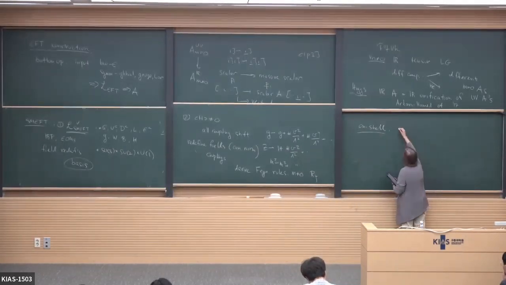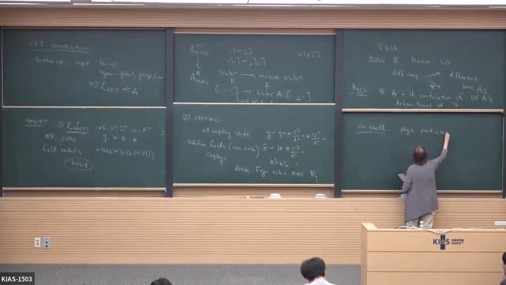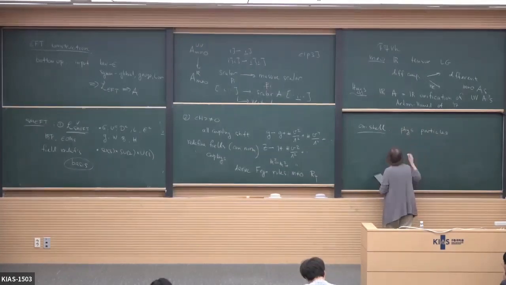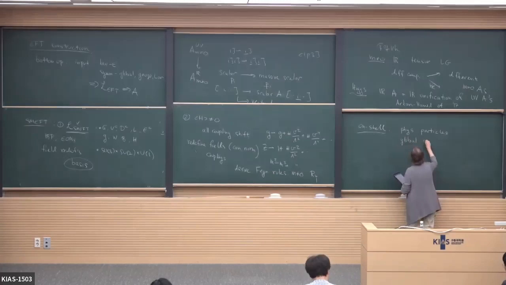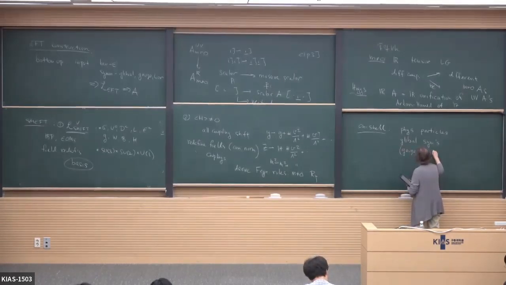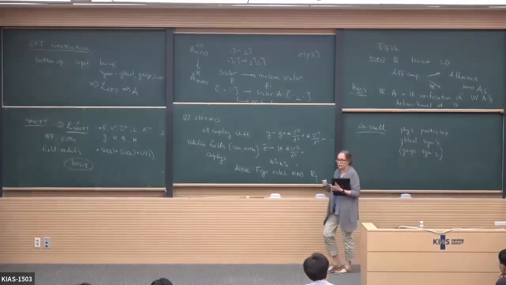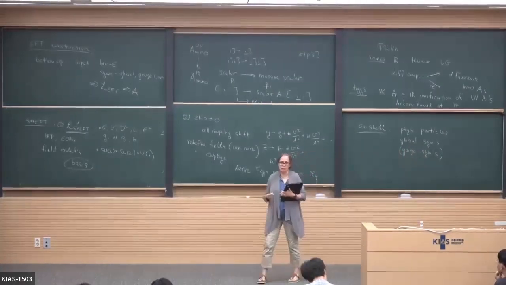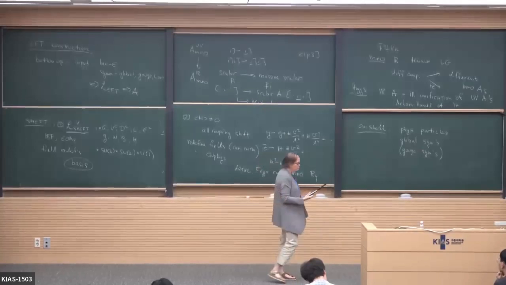So here we start from the physical particles. And the other input is the global symmetries. I could also put in the gauge symmetries as input. But if we don't do that, as we saw, it's going to be forced upon us by consistency.